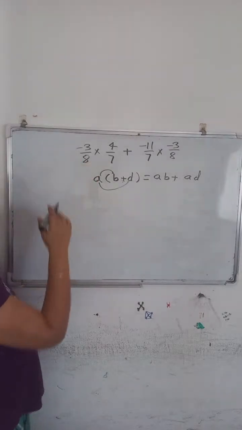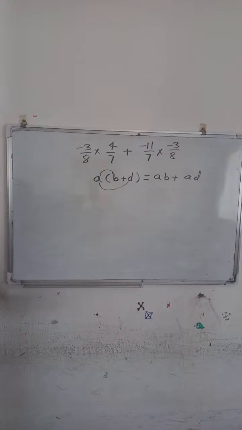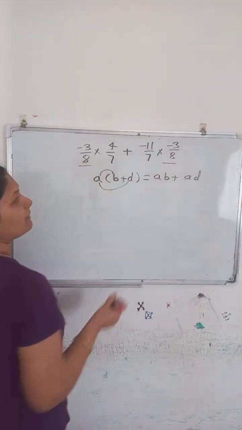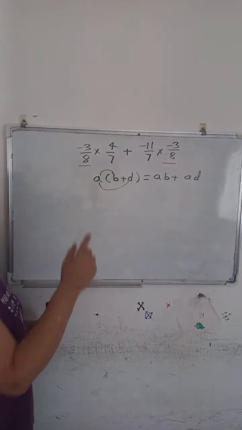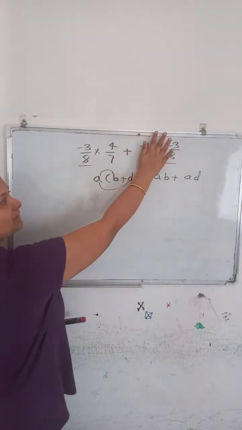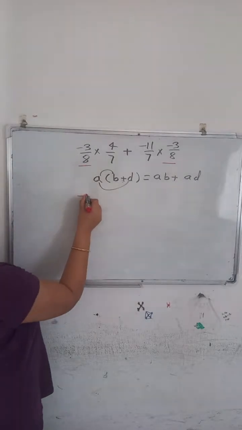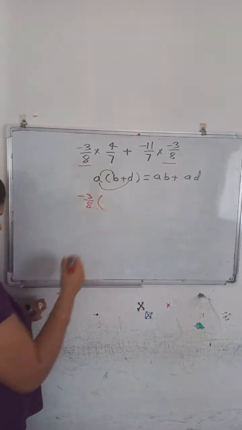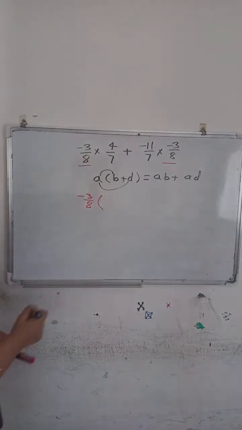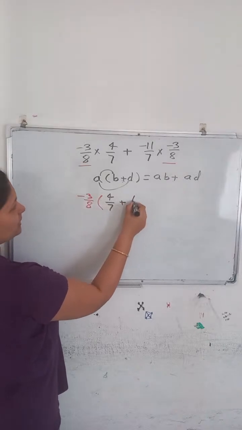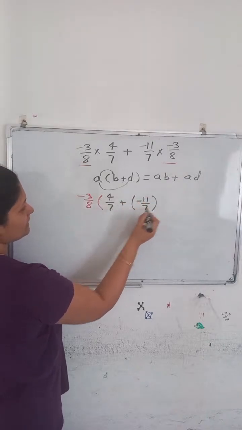If you observe this question, minus 3 by 8 is the common term between the first term and the second term. So take minus 3 by 8 common out, and inside the bracket 4 by 7 plus minus 11 by 7.